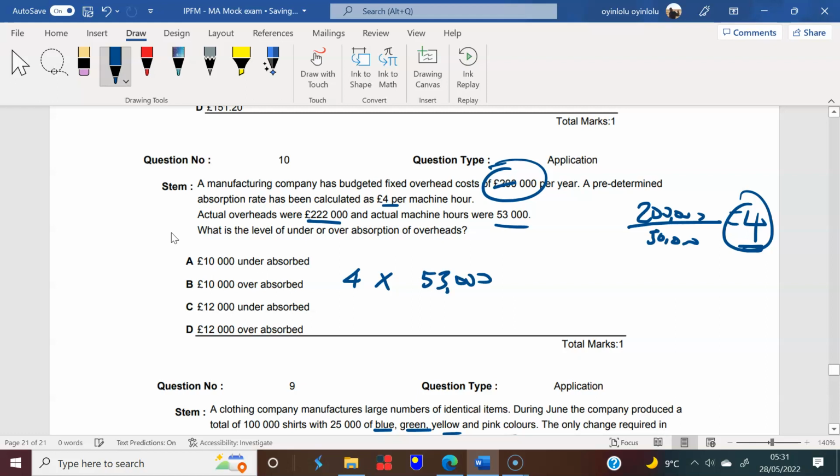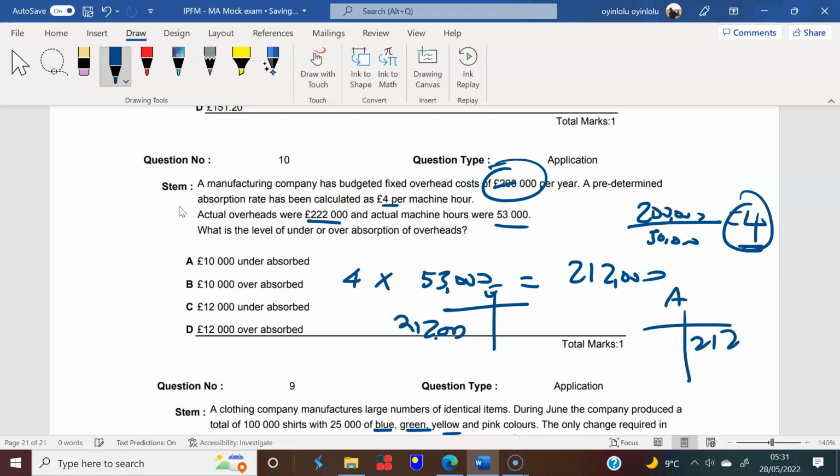So you've put 4 times 53,000. What actually happened was every hour that you produce, you put 4. 4 times 53 takes you to 212,000. That's what you've put into your accounts. Expenses, 212,000. Accruals, 212,000.